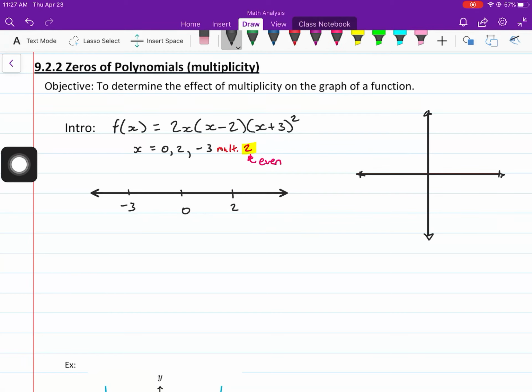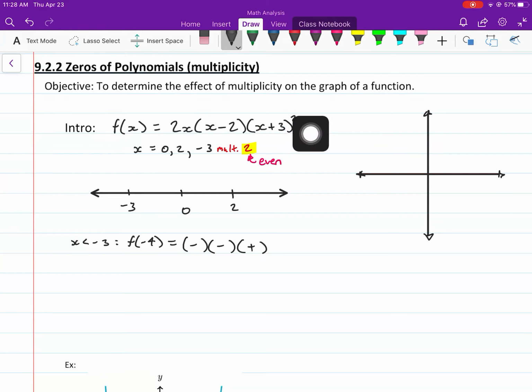So when x is less than negative 3, we're testing to the left of that. For a number less than negative 3, f of negative 4, if we plug it in, you would get a negative, and negative 4 minus 2 is negative, and negative 4 plus 3 squared. Remember, a negative squared becomes positive. So we have negative times a negative times a positive, which is positive.